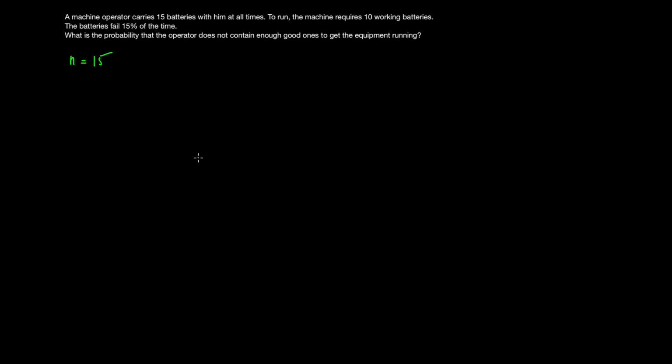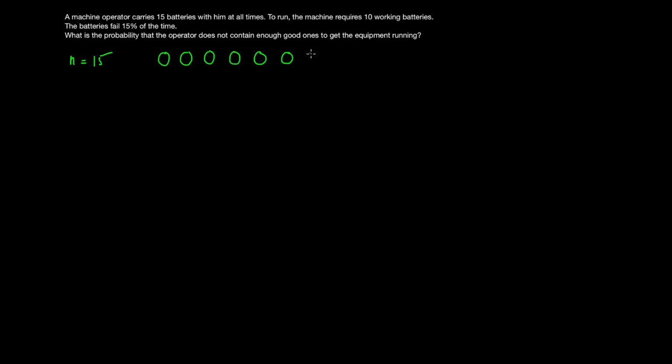That means that he has 5 extra with him at all times. So what I like to do in this type of problem is draw out these little circles. It's a bit tedious, but these are all little tricks to get you thinking about things in the right way. Like I've always said, I know that most of you are very visual, so this trick really helps to understand this type of binomial problem.